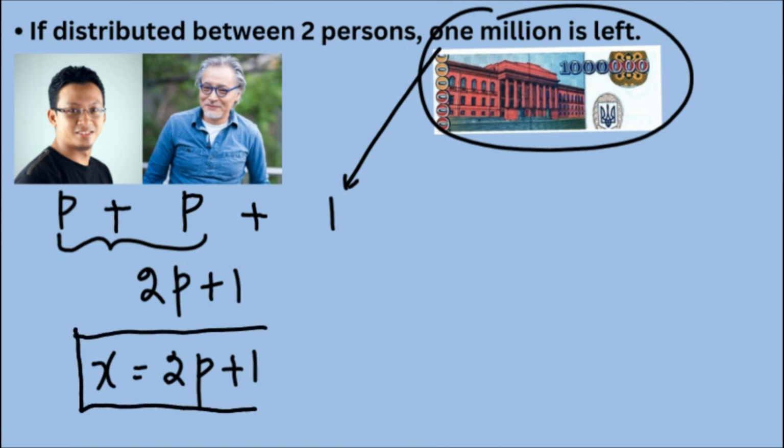We already know that 2P plus 1 is the form of an odd number. 2P is an even number, 1 added would be an odd number. So from all the values we have, we will strike off even numbers and keep the odd numbers only.